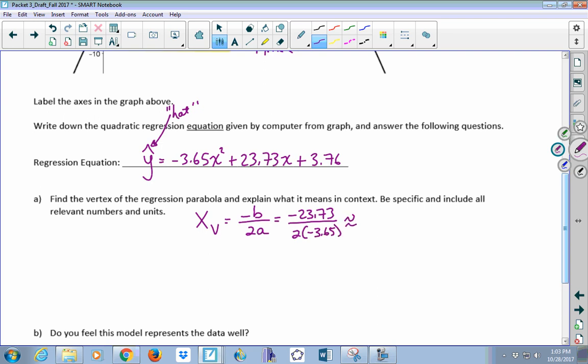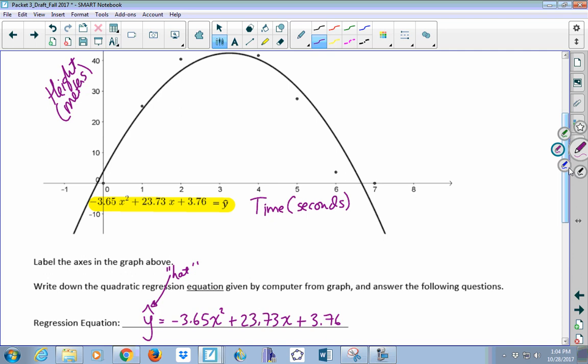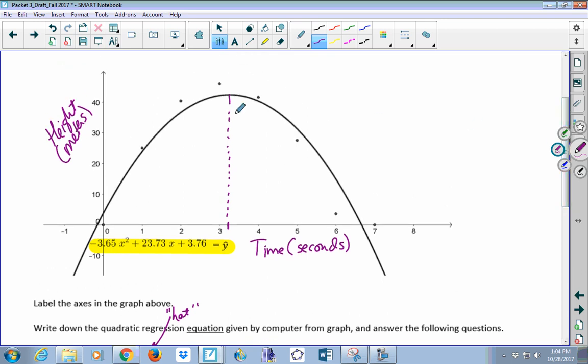And that's going to be approximately 3.25. Now, if we look at our graph and we estimate where 3.25 is, it might be about right there. And if we look up to our graph, we can see, yeah, that looks about where the highest maximum height would probably occur, right in that area.